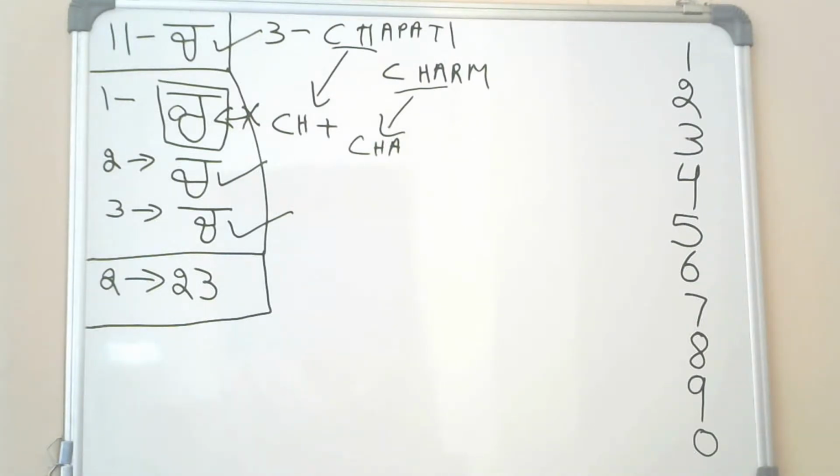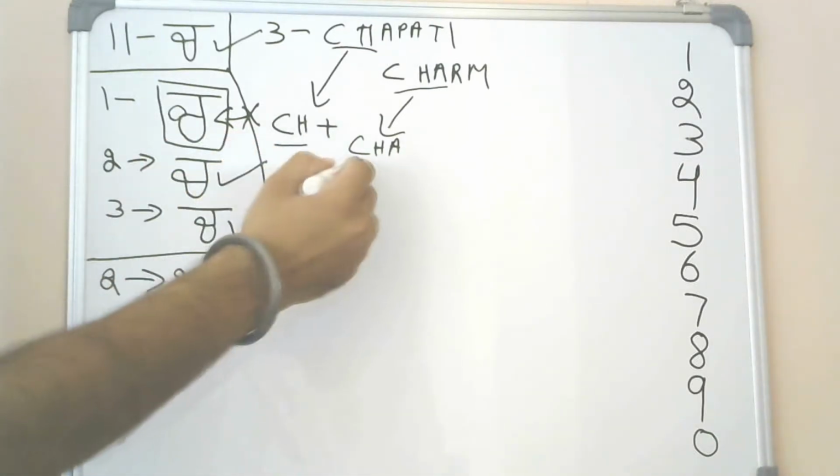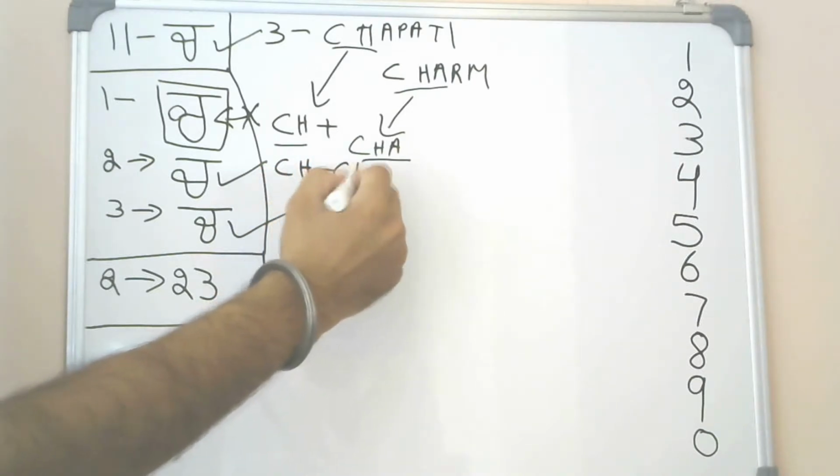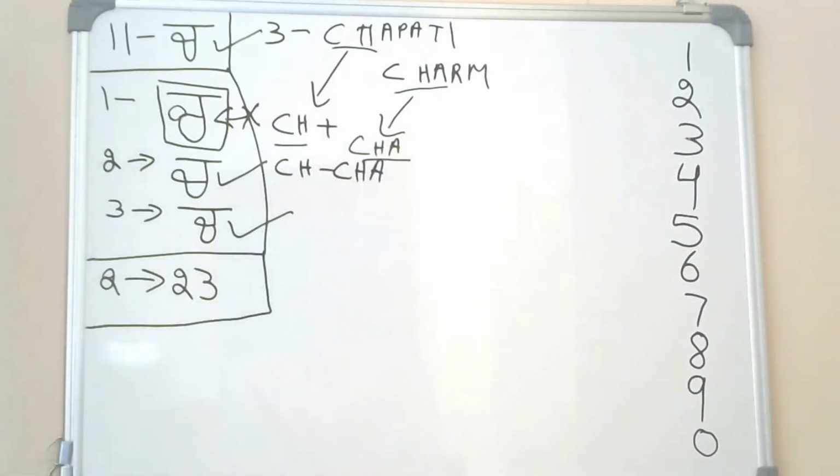I will repeat again. From chapati, I am going to get the ch sound, and from charm, I am going to get the sound cha. So it will be cha cha. This will be the pronunciation of this letter.